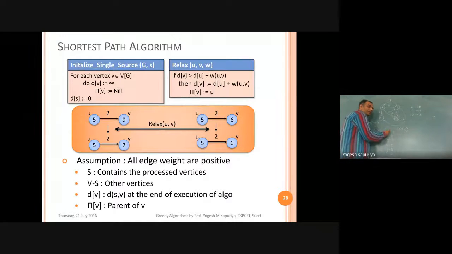That means you have a path from A to B. Similarly, you can have a path from B to A, C to A, so just the reverse of all of this. So find out the shortest path for all these combinations. That is called all pair shortest path.